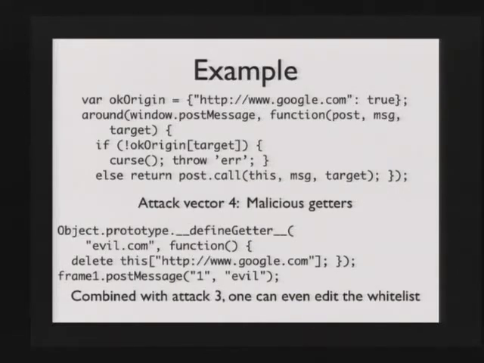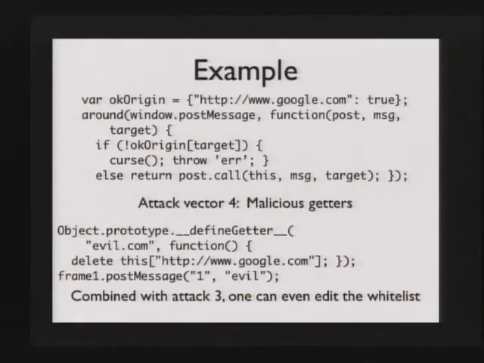Another thing that could be done is changing the way that a get function of a property would work. This is not possible in all browsers, but it is possible in the most widespread browsers. You can even change how something works when a property is read.